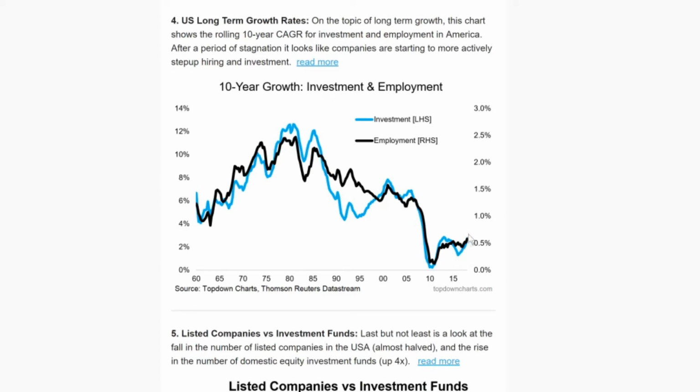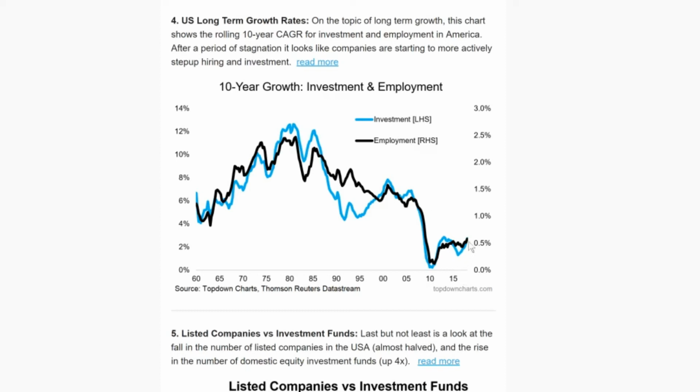But now we're starting to see a pickup there, and that's consistent with what we're seeing in a lot of the surveys, a lot of the data, where companies are actually starting to invest again. They're starting to pick up hiring. The job market's looking quite tight in America. So it's a very interesting chart.